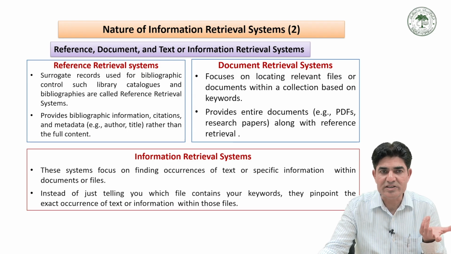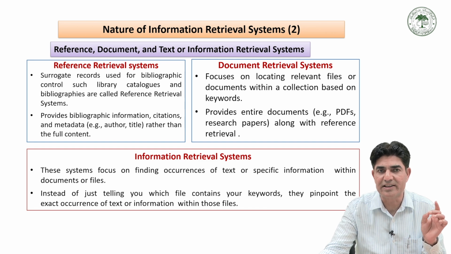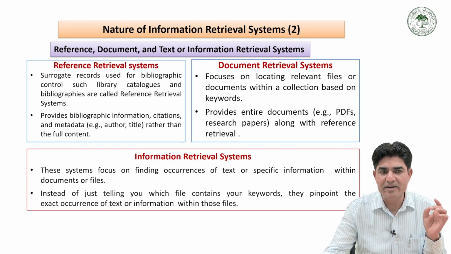So such kinds of systems provide the retrieval of only the references, and reference include the bibliographic detail, that is title, author, subject, location of the document. They also provide bibliographic information including citations and metadata rather than the actual content of the document.